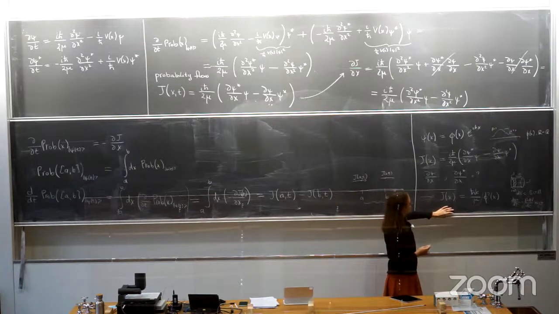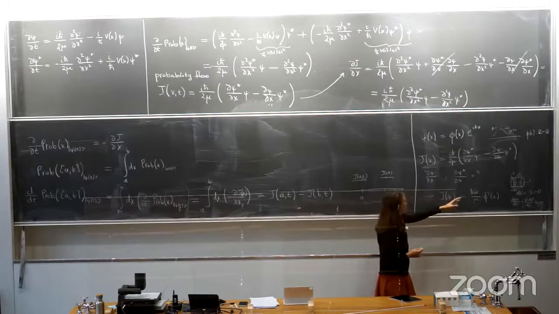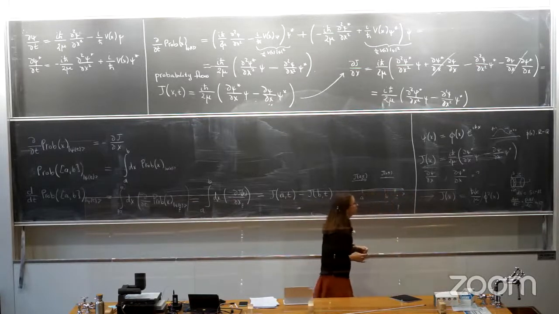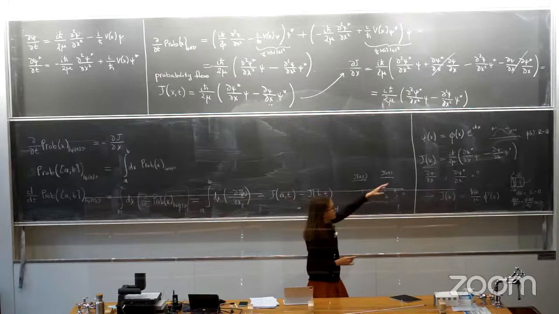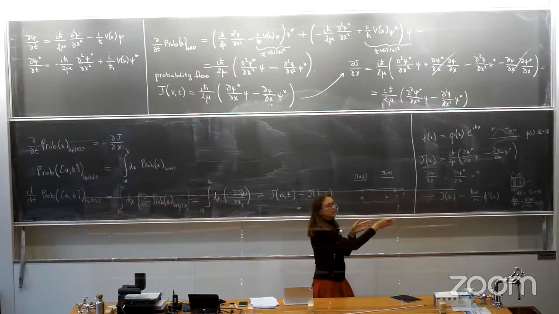And here we intuitively get the same thing because we're considering a wave packet, which on average is going with that velocity, h bar k over mu. Sorry, h bar k over mu.